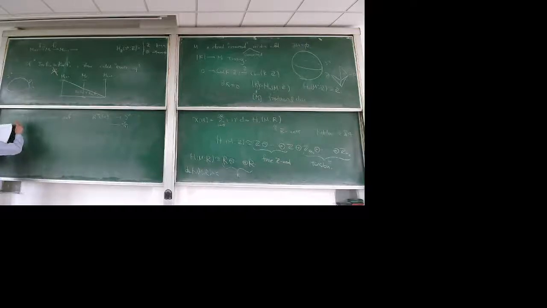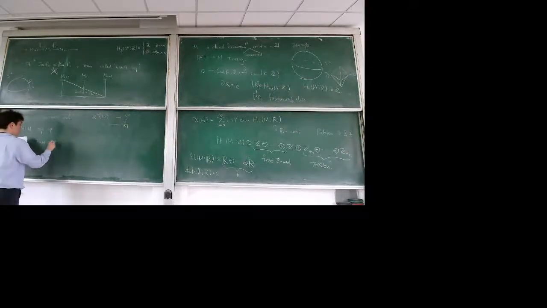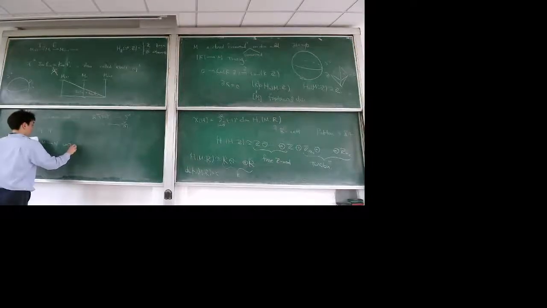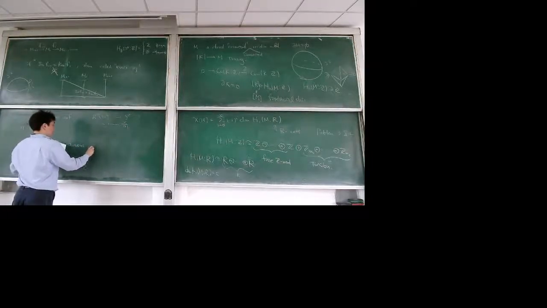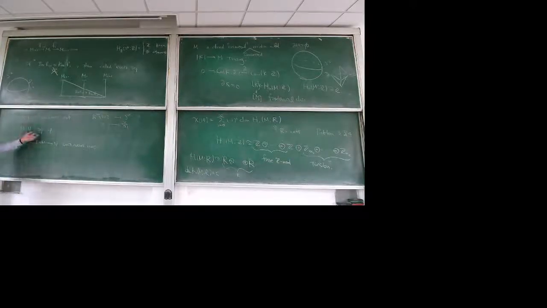Suppose M and N are topological spaces. A homotopy between F_0 and F_1 is a continuous map from M cross I to N. Topological space means that you can define open or closed subsets, and also continuous maps and so on.